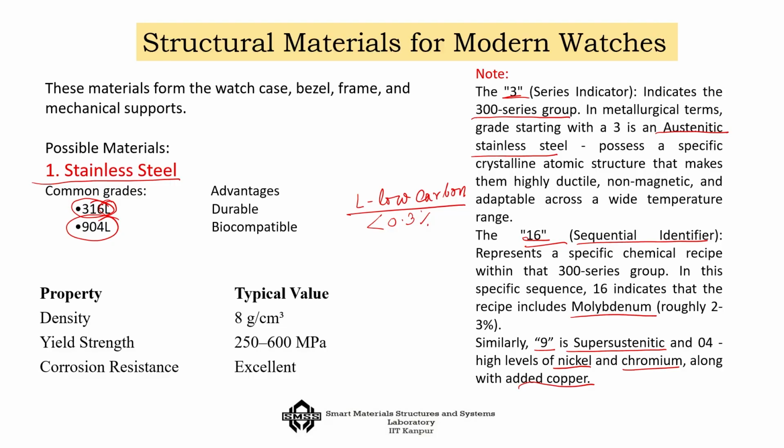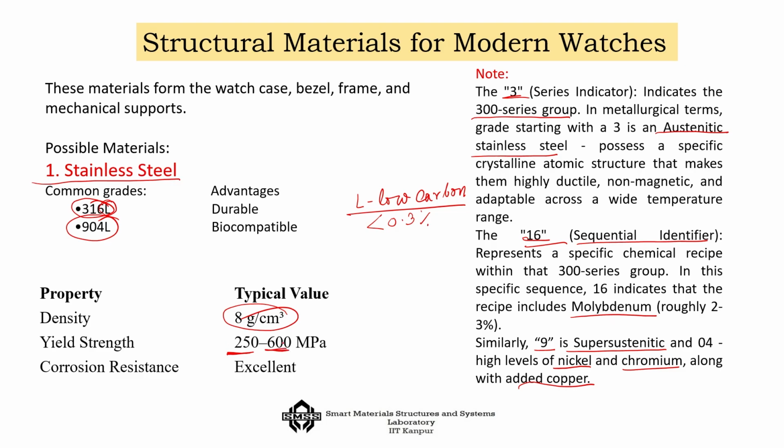That means you can go deep inside the sea, and even then it will be able to withstand the high pressure and the watch is going to work. So, this is 316L and 904L. Typical density is in the range of 8 gram per centimeter cube, one of the attributes we know. For 316L the strength is about 250, and for 904L it is about 600 MPa.